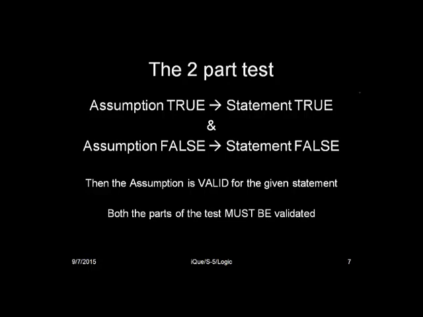If yes, that means the statement is dependent on the assumption. By changing the truth value of the assumption, the truth value of the statement also changes, and hence that particular assumption is valid for the given statement or conclusion. So remember, the 2-part test, and both the parts must be valid. That is, the assumption's truth leads to the truth of the statement, and if the assumption is false, then the statement also becomes false.